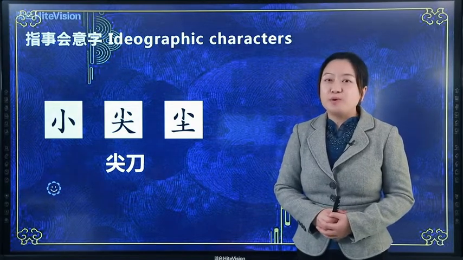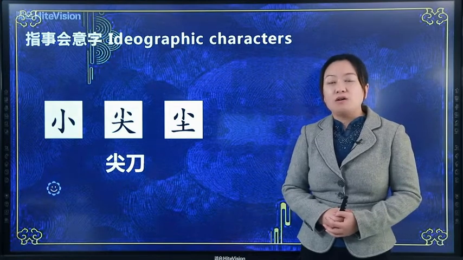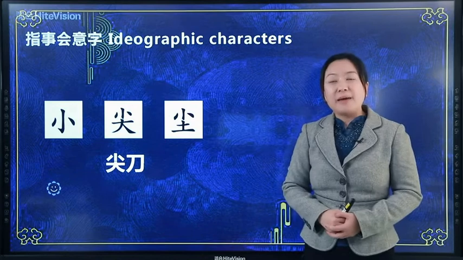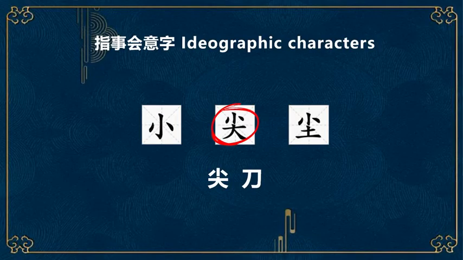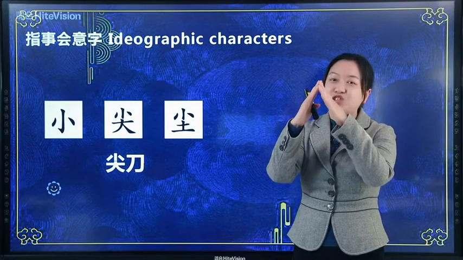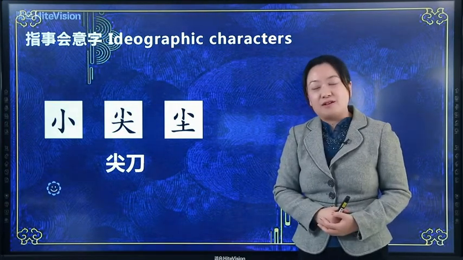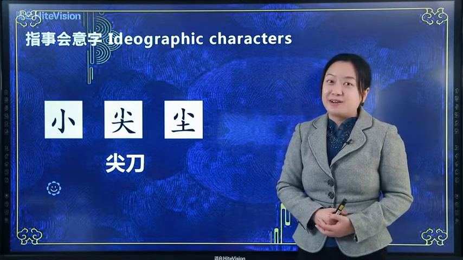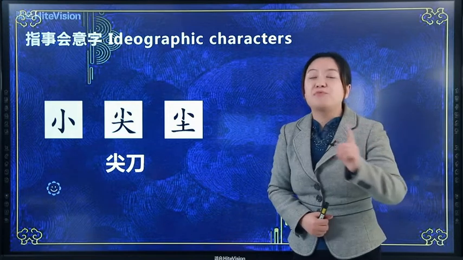If we put these two characters together, the small, 小, on the top, big, 大, at the bottom, like this, it means sharp. If we put it with another character, 刀, knife, to make a new word, 尖刀, it means a very sharp knife.